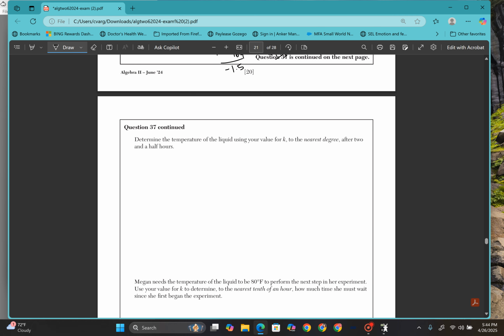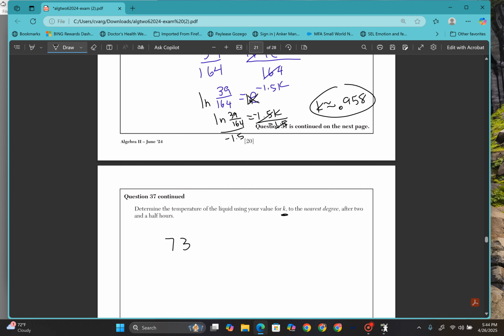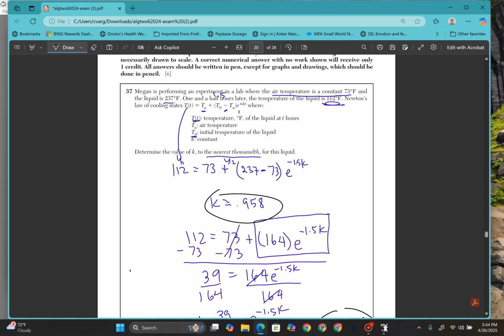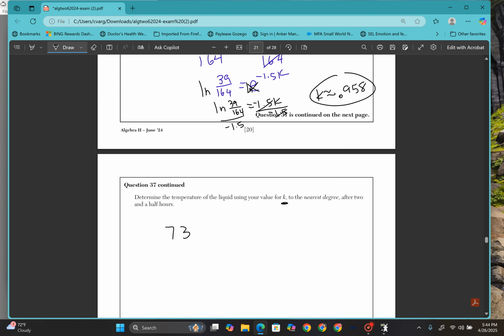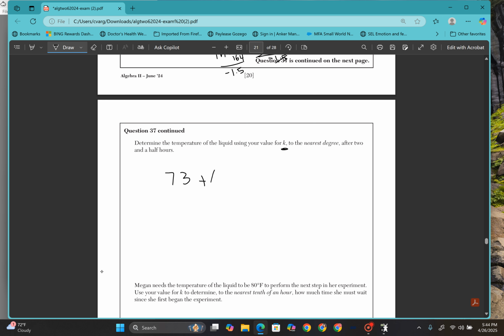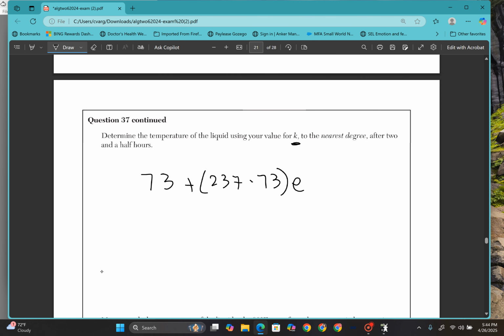So the next one says determine the temperature using your value for k. So now we're going to use that value to the nearest degree after 2.5 hours. Okay, so now we have 73. It's still 73, but I use my same formula, right? So this right here. So 73 plus parentheses, it's still 237 minus 73. It's still e to the, now it says use your value of k.